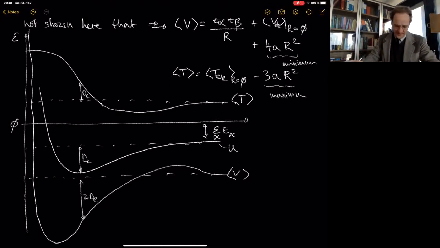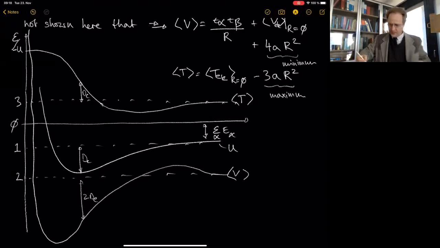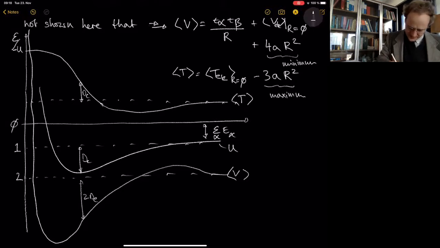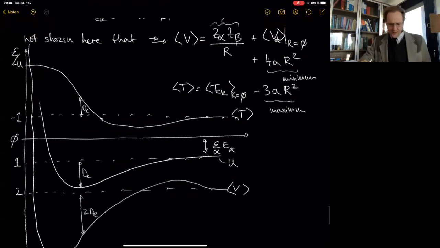And if we say it comes in units of, let's say, U, then let me put minus U. So then we have 1 U here, 2, 3, and minus 1 here.